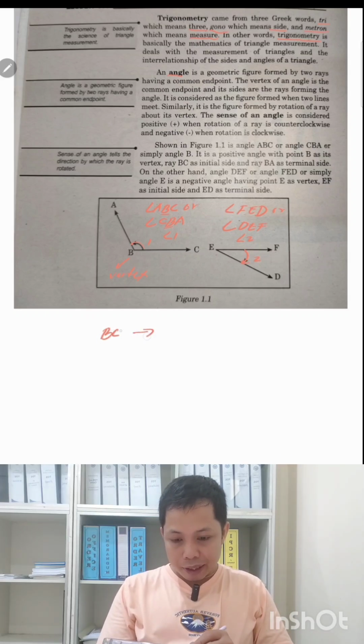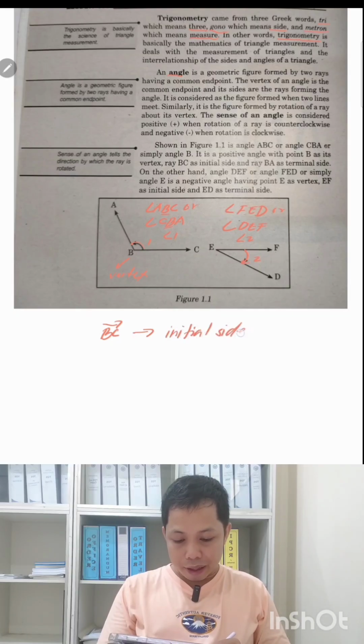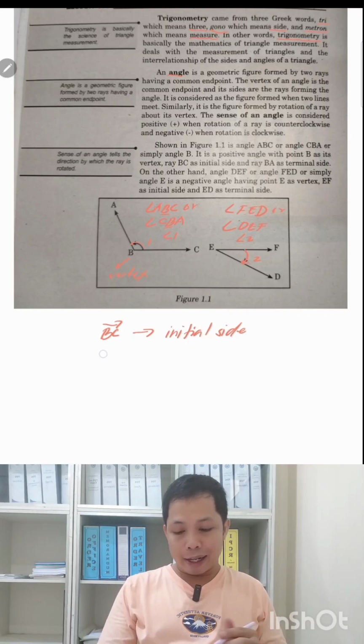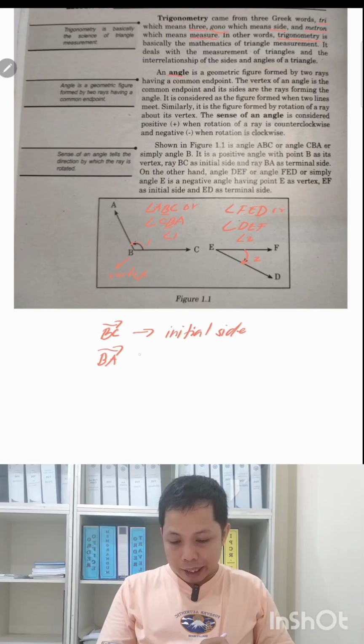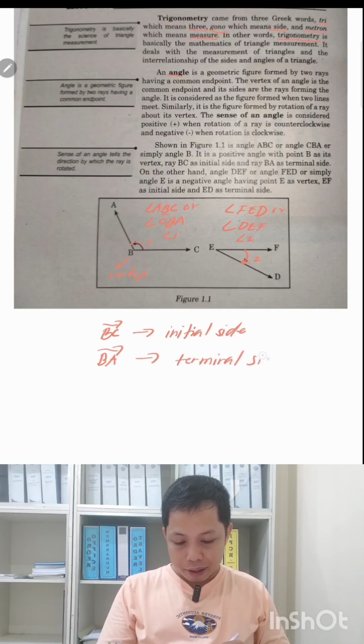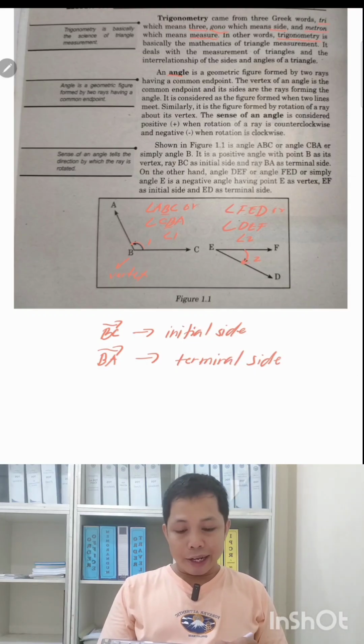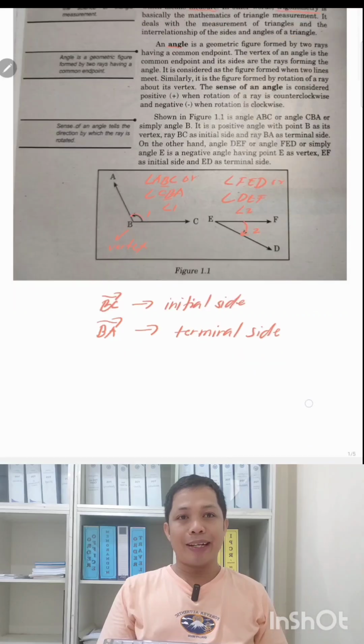I am talking about the left angle. Ray BC is the initial side, and ray BA is the terminal side. How about on the second angle? EF is the initial side and ED is the terminal side.